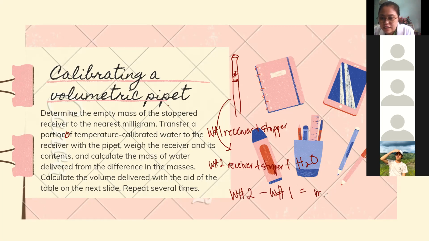That is already the mass of our water. So calculate the volume delivered with the aid of the table on the next slide. So meron tayong table on the next slide na gagamitin natin to compute for the exact volume being delivered by the pipette. And then we have to repeat this step several times.